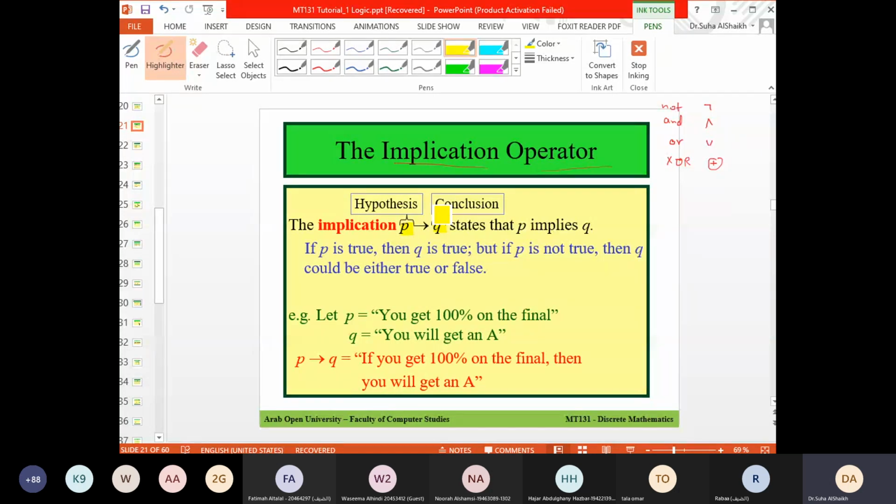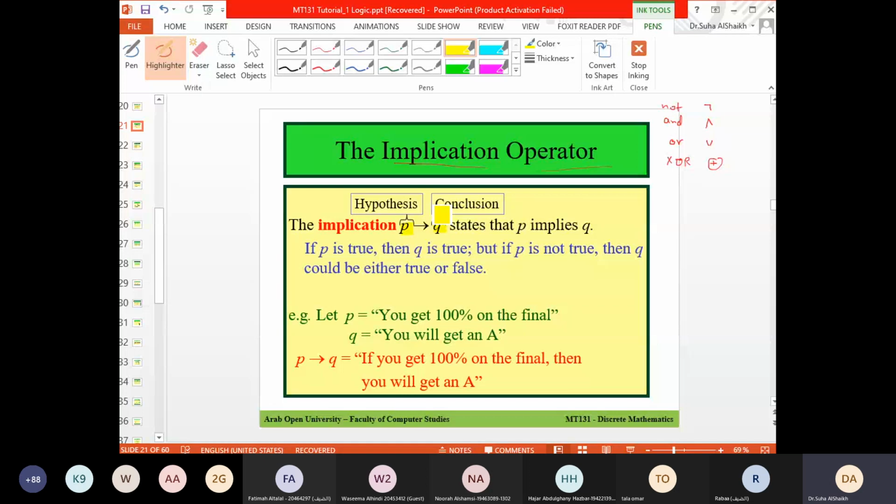If you study hard, you will get an A. If you wake up early in the morning, then you will do a huge amount of work مثلا. Okay. If مثلا you are good in mathematics, then you will do very good in the discrete mathematics course.